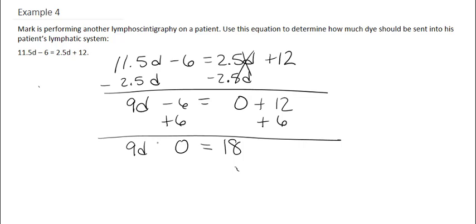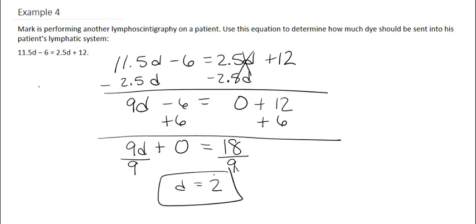And we get 9d. So 9d can then be divided by 9 on both sides to get d by itself. So 18 divided by 9 is equal to 2. So for this answer, 2 is the correct answer.